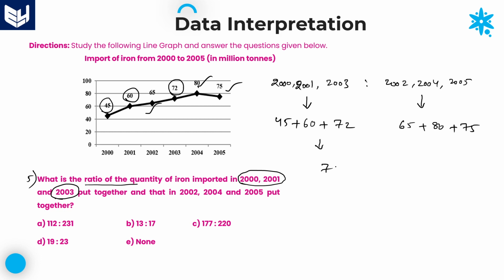Here the units place is 7, and next 4 plus 6 is 10, 10 plus 7 is 17, 17 is to 2. Units place 5 plus 5 is 10, 1 carried forward, 7 plus 7 is 14, 14 plus 8 is 22. So 177 is to 220. Looking at the options, there is an option 177 is to 220. It is not cancelled by any table. Therefore, your required answer is option C, which is 177 is to 220.